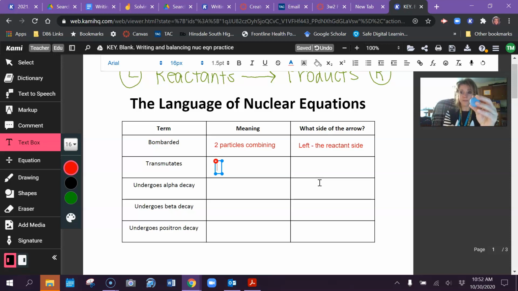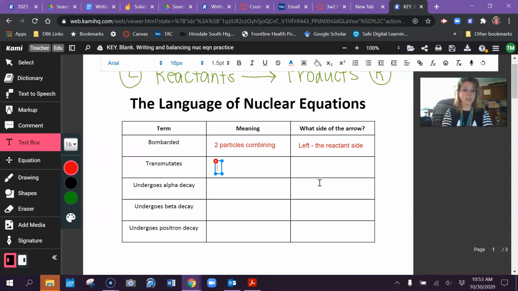So if I have my radioisotope here and it emits a particle, this little purple particle here, then what it transmutates into is something completely different. So transmutation is changing from this to this. And the way that it happens is that a particle is emitted, causing the change.